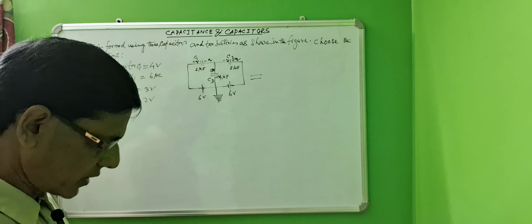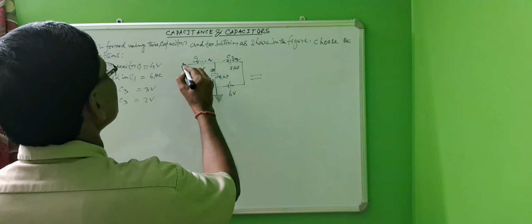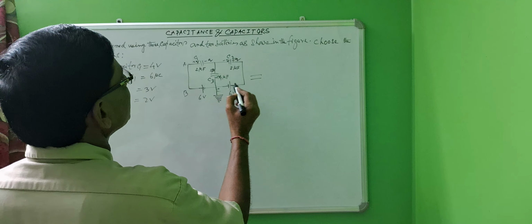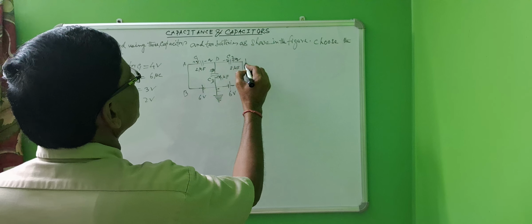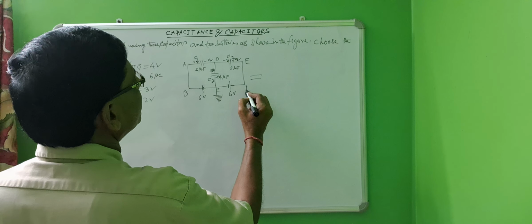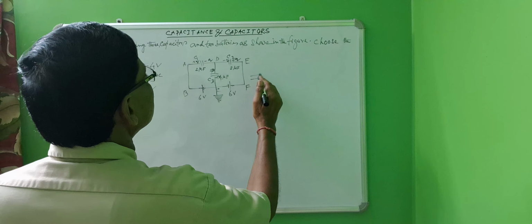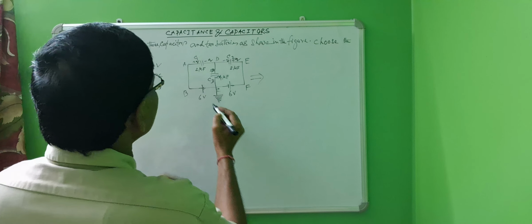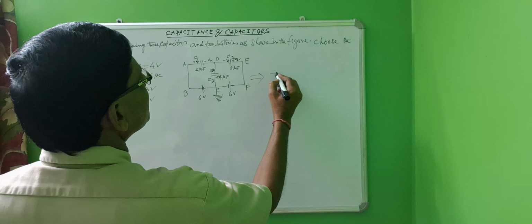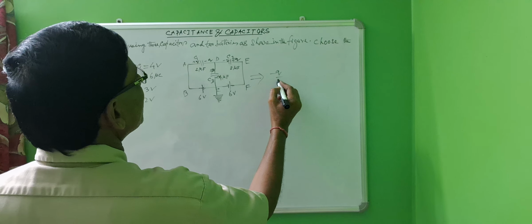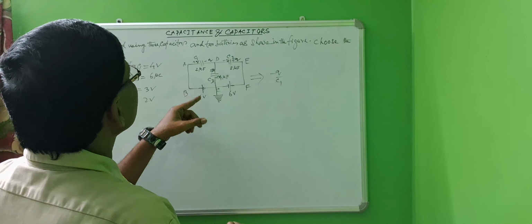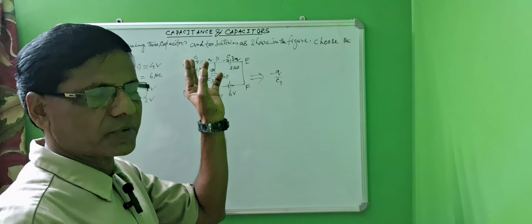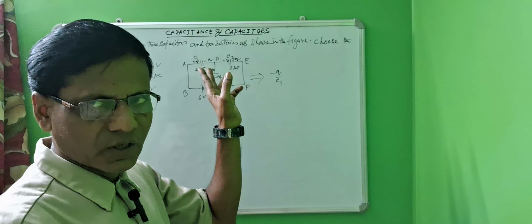So applying Kirchhoff's second law, suppose this is A, B, C, D, E, F. We get minus Q upon C1. Q upon C1 is the potential difference for the first capacitor.